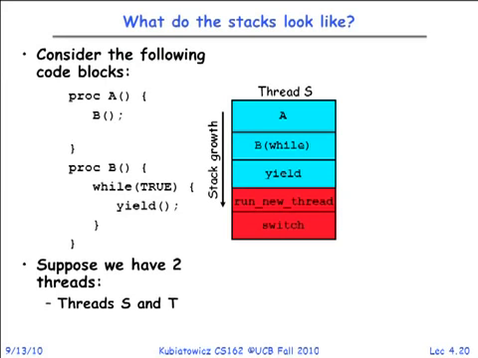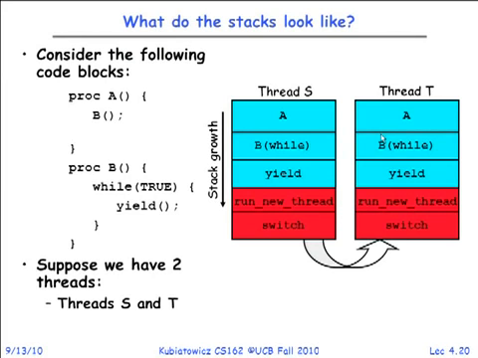So after executing switch, kind of poof, we're somewhere completely different, a different stack, just because we changed the stack pointer. And now we return from switch, which returns from run new thread, which returns from yield, which goes back into B. But now we're in thread T.